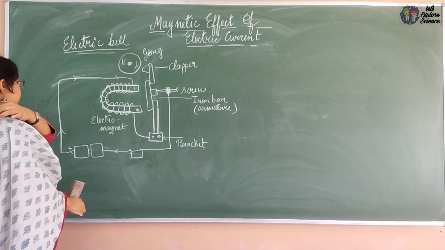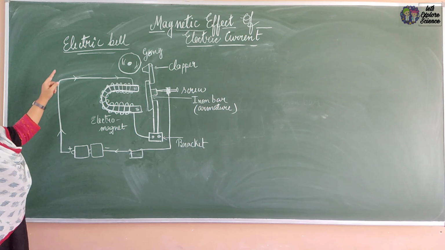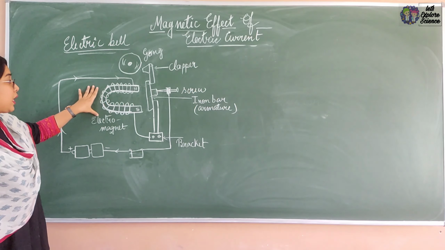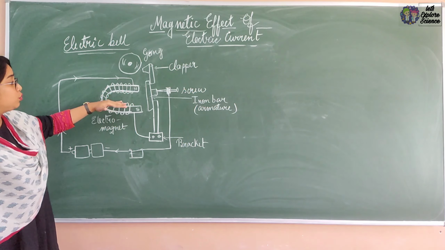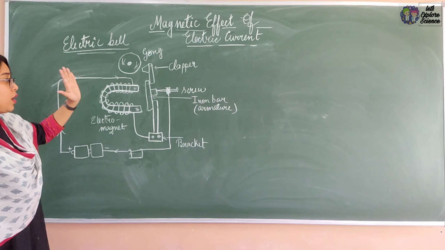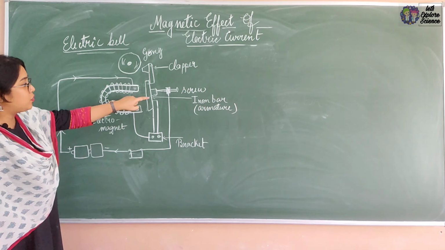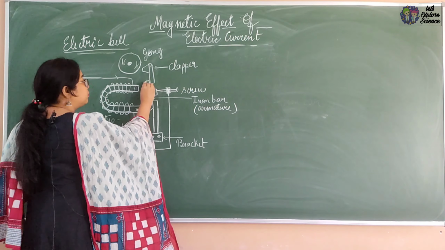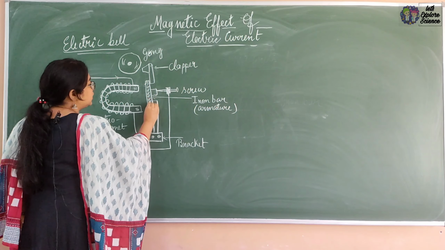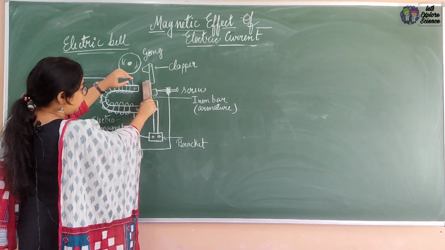Now when the circuit is complete, the electricity will pass from the cells to this electromagnet, and when it passes to this electromagnet, it will act as a magnet. The moment it acts as a magnet, it will attract this iron bar. Suppose this is the iron bar.